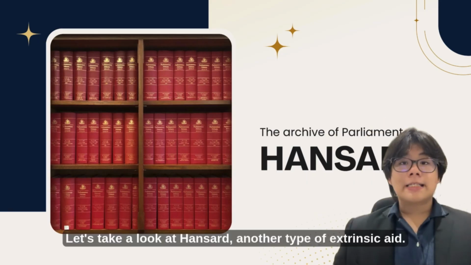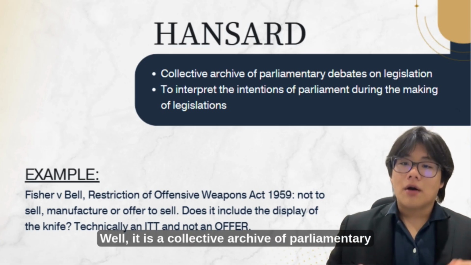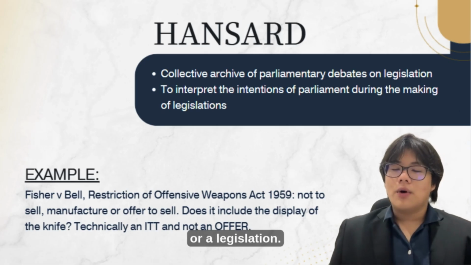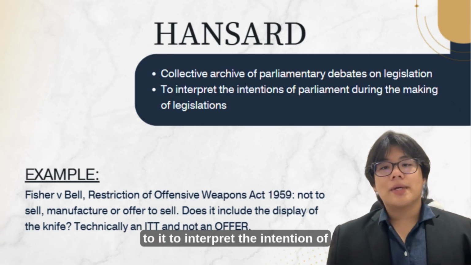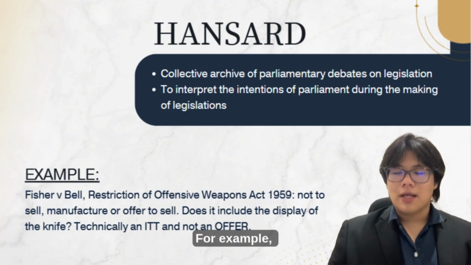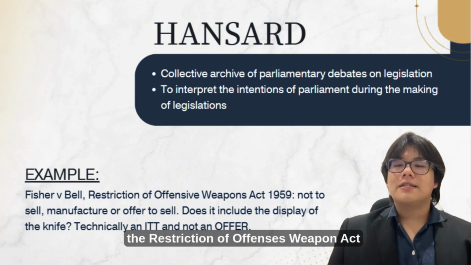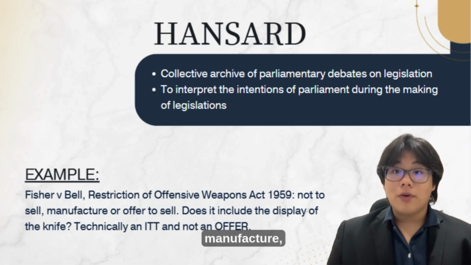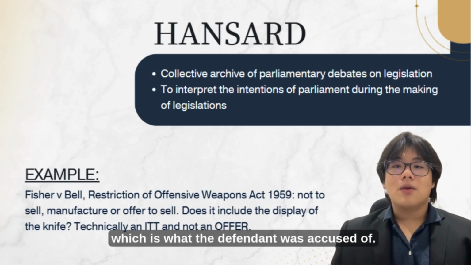Let's take a look at Hansard, another type of extrinsic aid. Well, it is a collective archive of parliamentary debates on the passing of a bill or a legislation. Judges or members of the legal system may refer to it to interpret the intention of Parliament during the making of that legislation. For example, Fisher and Bell, as mentioned earlier, the Restriction of Offensive Weapons Act 1959 states that you are not to sell, manufacture, or offer to sell flick knives, which what the defendant was accused of.